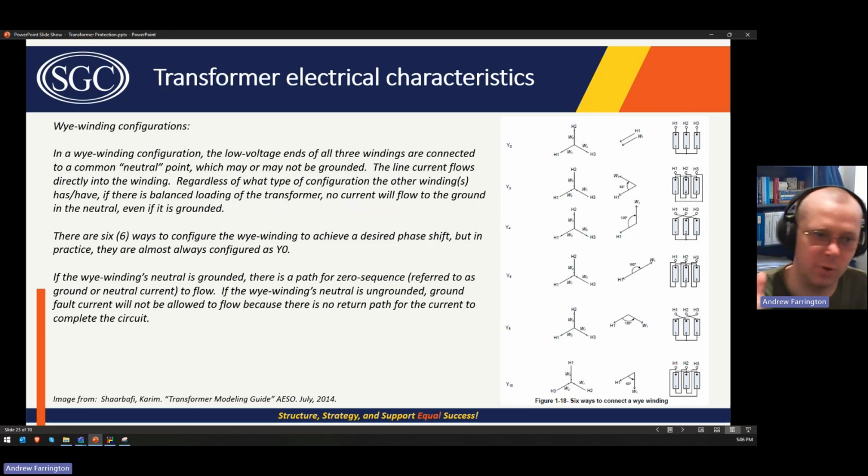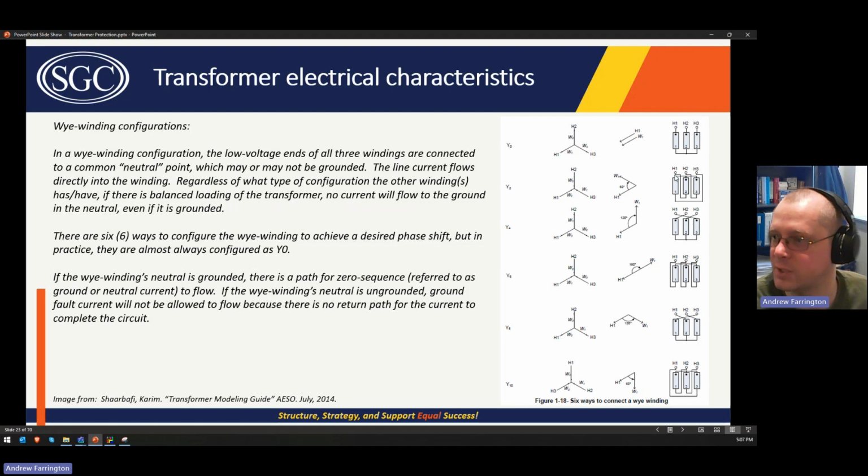And while the most common are 1 and 11, you can actually achieve any of those different clock position phase shifts through a transformer. You don't really need to worry about them, but I just wanted to make it known to you that it is possible.